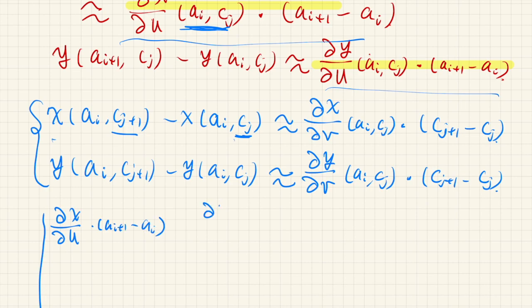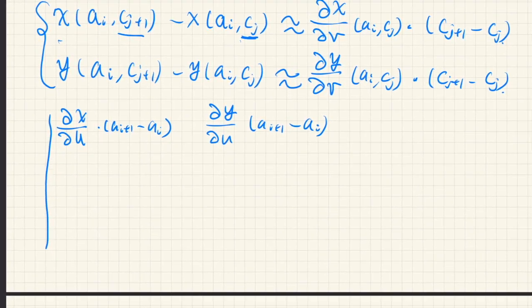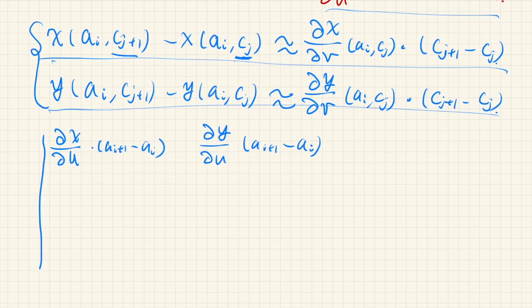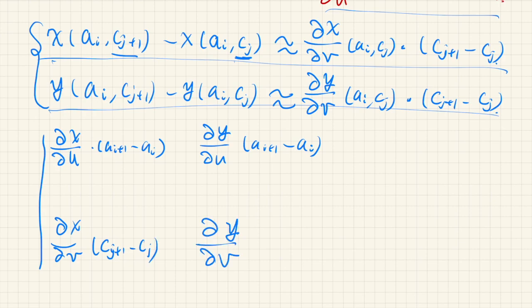And the second row is this and this. So dx/dv and dy/dv, times cj+1 minus cj.